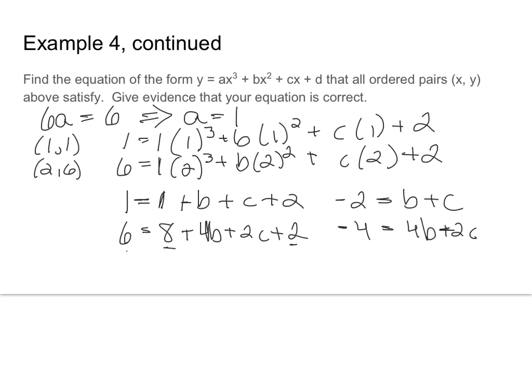I'm going to go ahead and multiply this top equation by 2. That gives me negative 4 equals 2b plus 2c. And I'm just going to subtract the second equation from it.